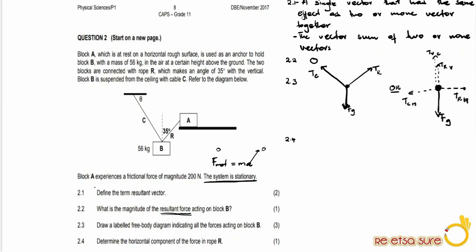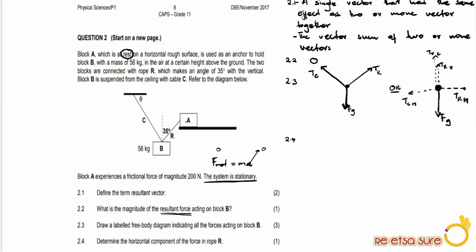As we can see here, block A, which is this one, experiences a frictional force of magnitude 200 Newton. We know that frictional force is a force that opposes the motion of an object. In this situation, since our statement tells us that A is at rest, the type of frictional force we have here must be static frictional force.